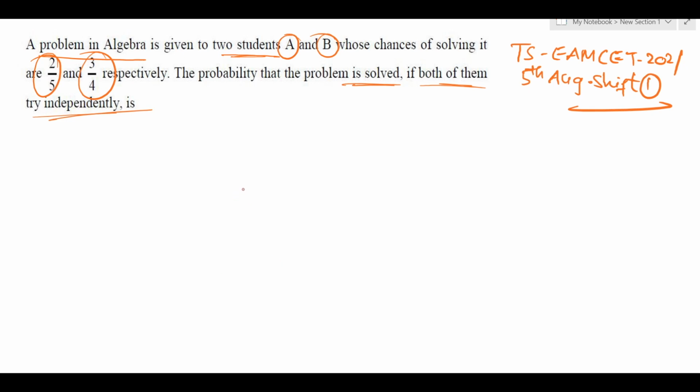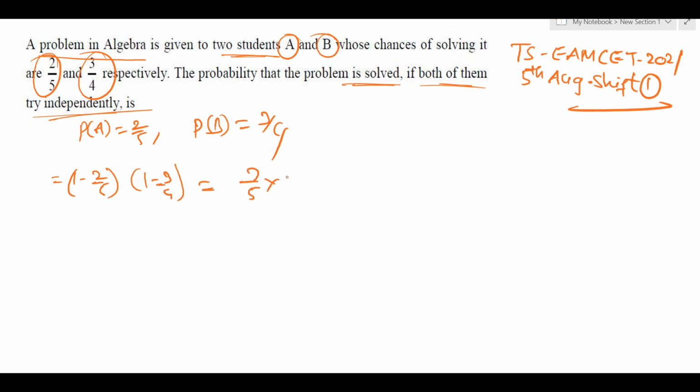Here the probability of A solving the problem is P of A equal to 2 by 5, and the probability of B solving the problem is 3 by 4. So the probability of neither solving the problem is 1 minus 2 by 5 into 1 minus 3 by 4, that is 3 by 5 into 1 by 4, which is equal to 3 by 20.